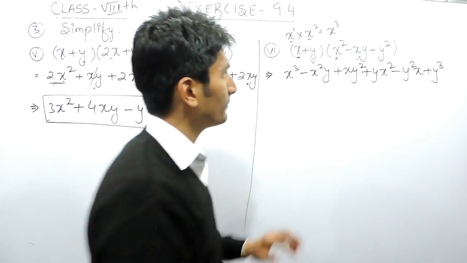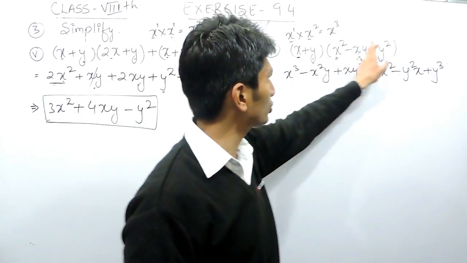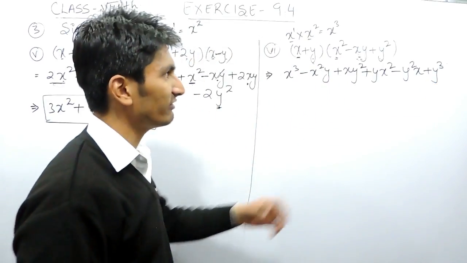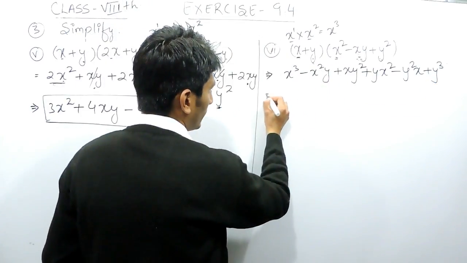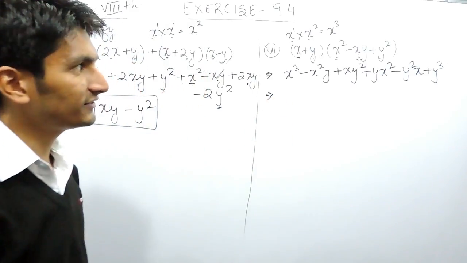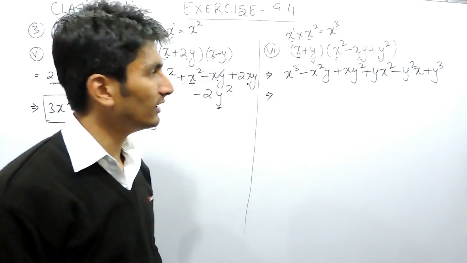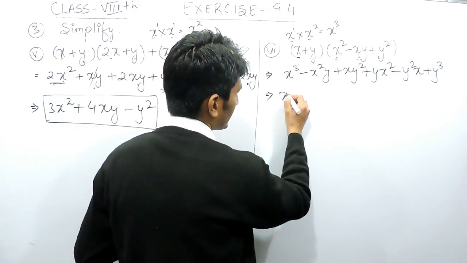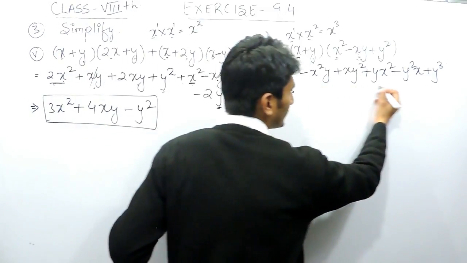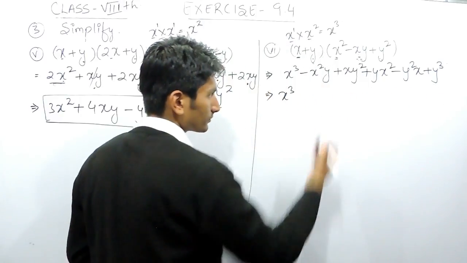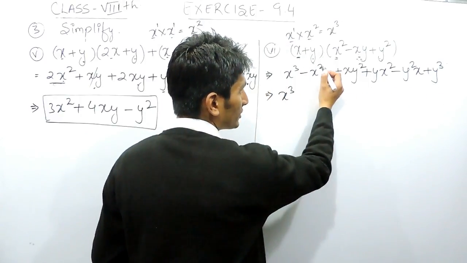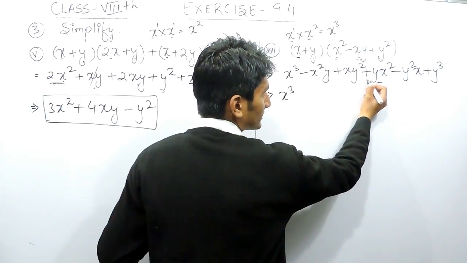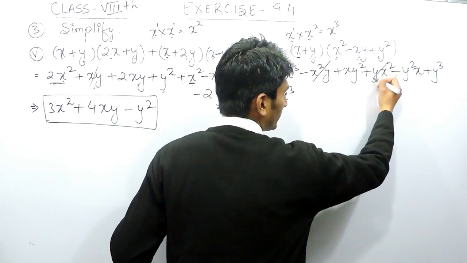Again, the base is the same, so the power gets added: 2 plus 1 gives y raised to power 3, or y cube. Now, to solve this further, first find the like terms. The first term is x cube, and there is no like term for it. The second term is x square y, and here also it is x square y, one plus and one minus, so these two cancel out.